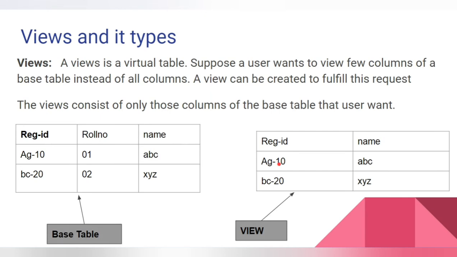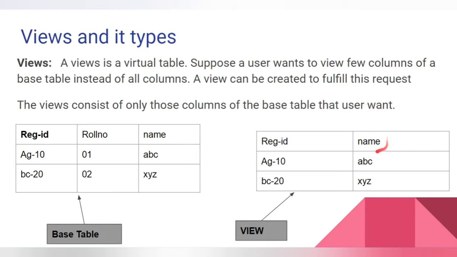So if I ask the database management system to show me the registration ID and the name of the student, not the roll number, it will show me a virtual table. It is created based upon my request. That is why it is called a view. A view is a virtual table, according to the user's expectation and requirement.